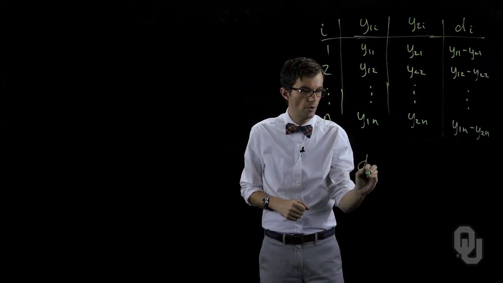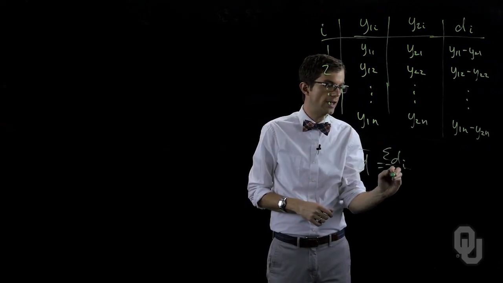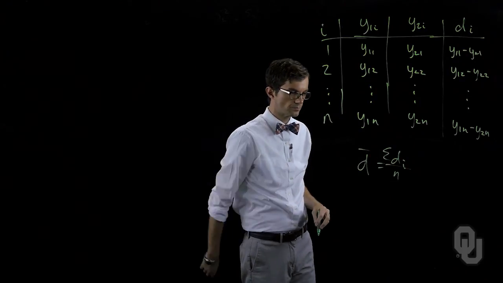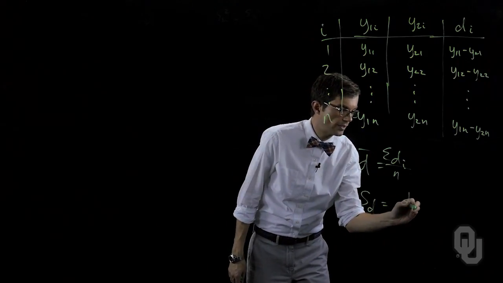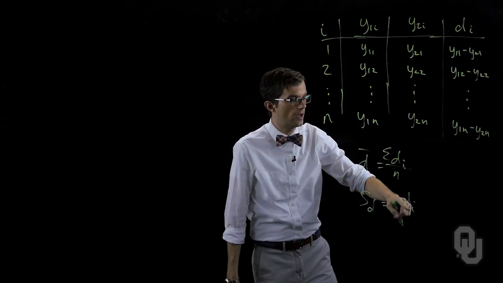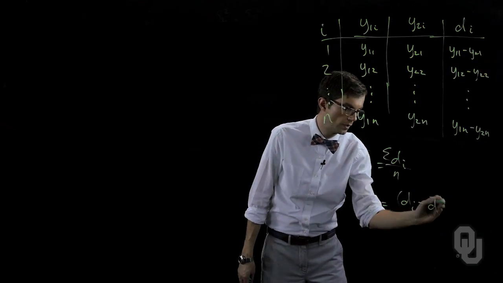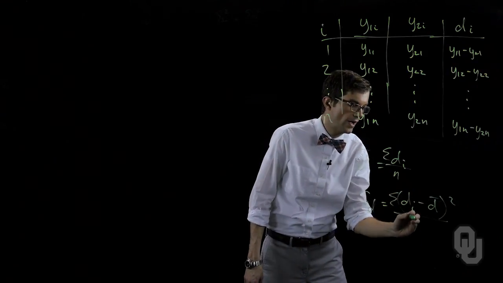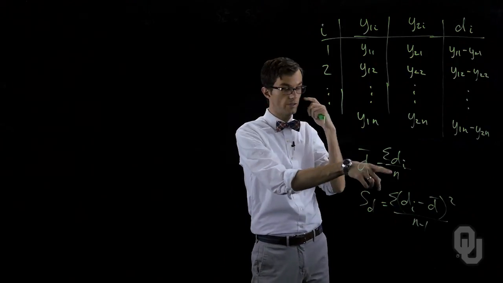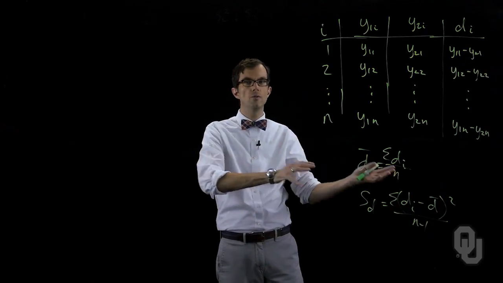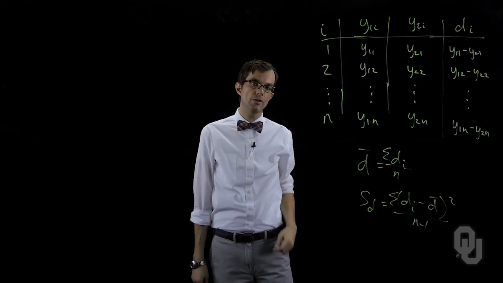Then we find d bar, which is the average of the differences, the sum of the di's divided by n. And we calculate the standard deviation of the differences, that is, how different each difference is from d bar, squared, summed across all i, divided by n minus 1. These are straightforward calculations. This is the mean and the standard deviation of a sample that we talked about several units ago. We're just applying it here to the differences, not to the actual observations.